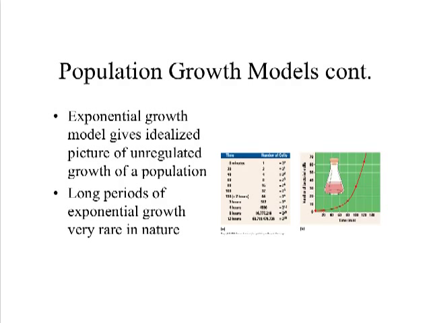Now, this exponential growth model is going to give an idealized picture of unregulated growth of a population. And that's important because we're going to see that most populations do not undergo unregulated growth. Over long periods of time, exponential growth is actually very rare in nature because something eventually is going to cap the growth of a particular population.